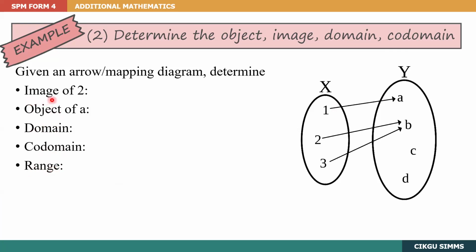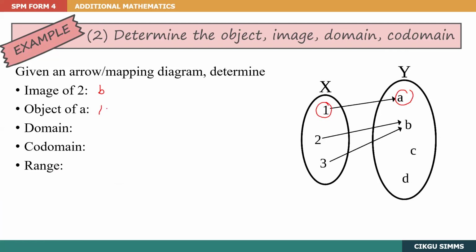Let's say the image of 2. 2 is here, so this is the object. The question asks for the image of 2, which is B, so the answer is B. Second question, object of A. A is the image, and its object is number 1.